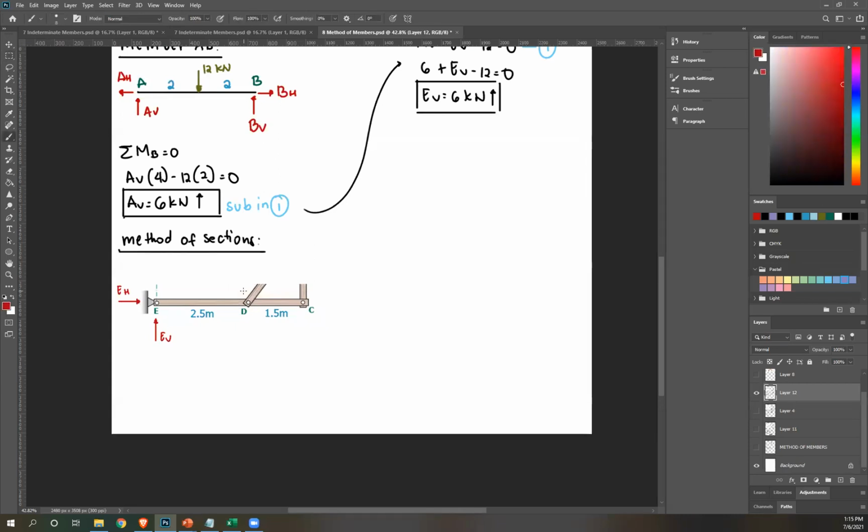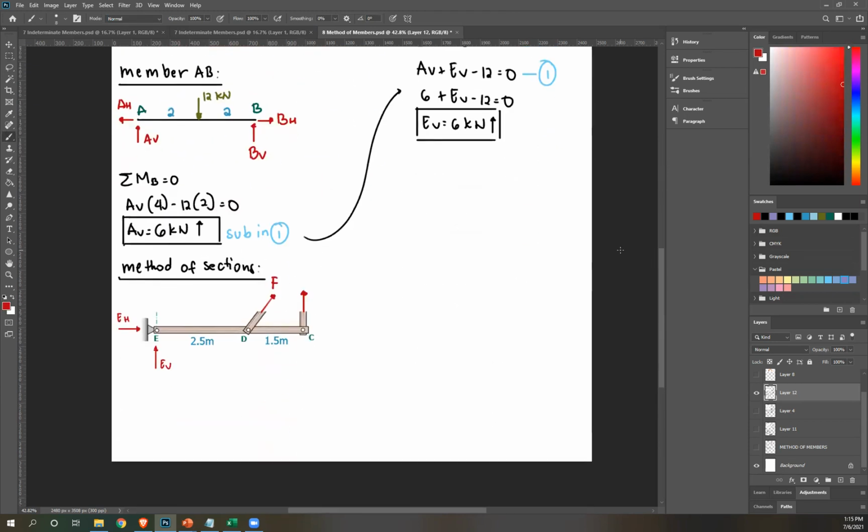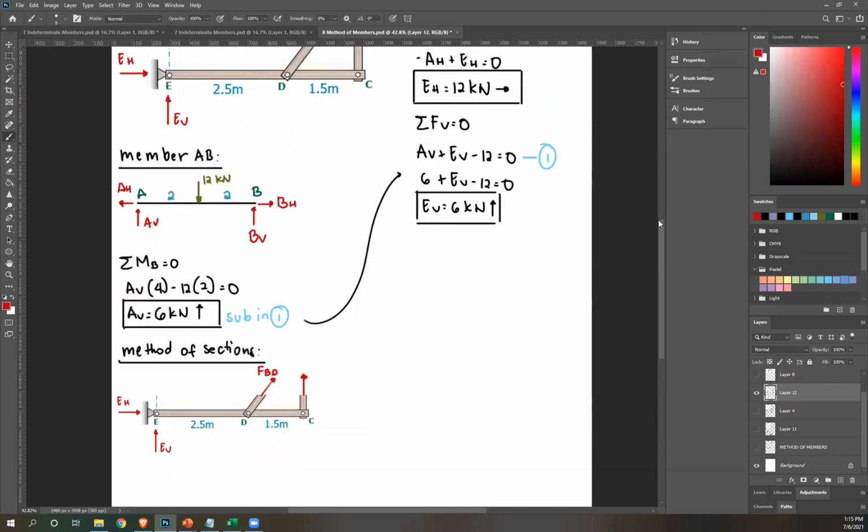Okay. Next, draw your forces that cut through the members. So here again, I always just assume tension. Same thing here. So this is F BD. BC.